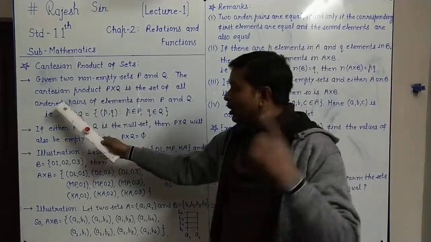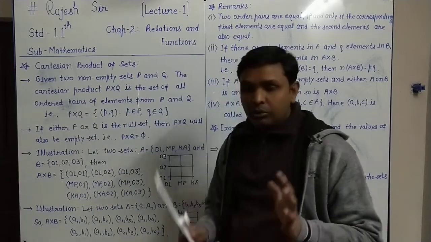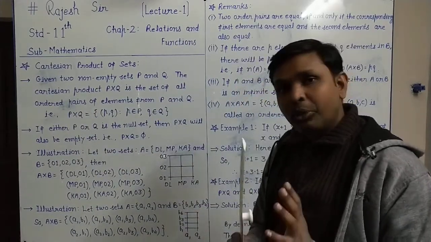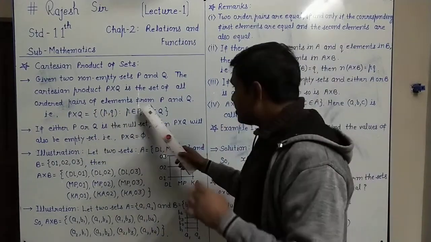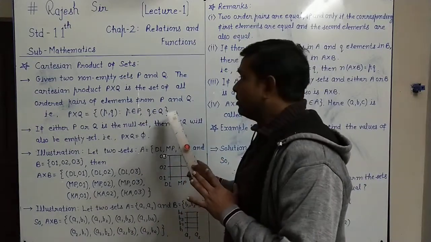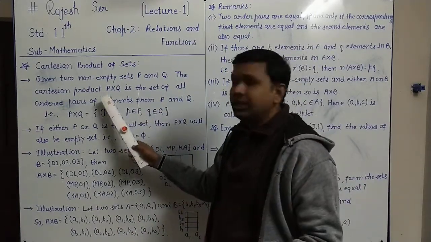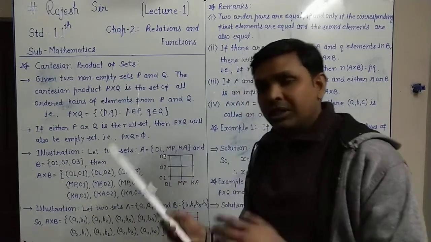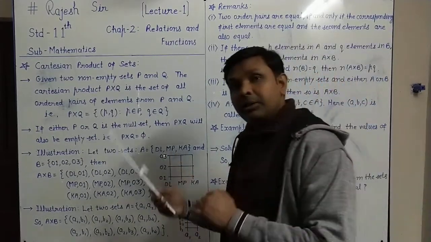It is the set of all the ordered pairs. You have to write in that set all the ordered pairs of elements from P and Q. You take the first element of P and first element of Q, then first element of P and second element of Q, and so on.